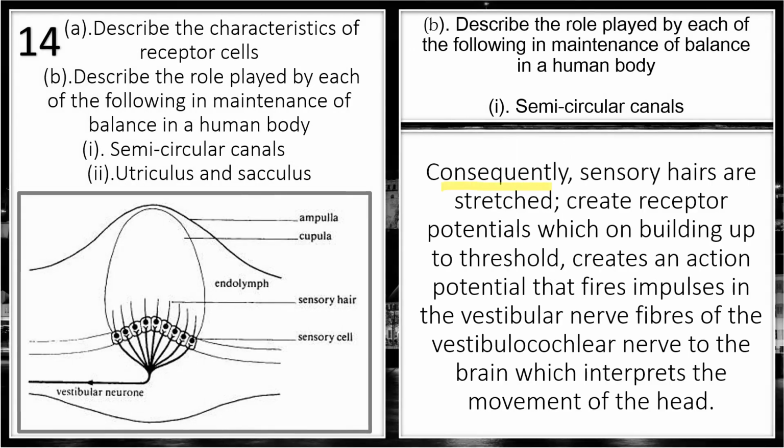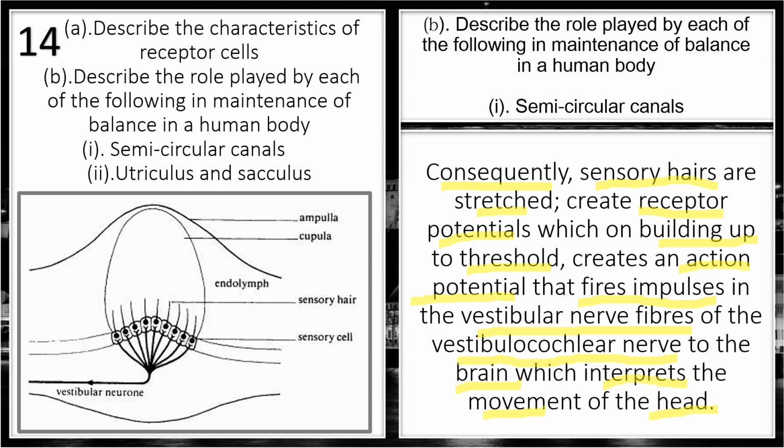Consequently, sensory hairs are stretched. They create a receptor potential, which on building up to a threshold creates an action potential that fires impulses to the vestibular nerve fibers of the vestibulocochlear nerve to the brain, which will interpret the movement of the head.